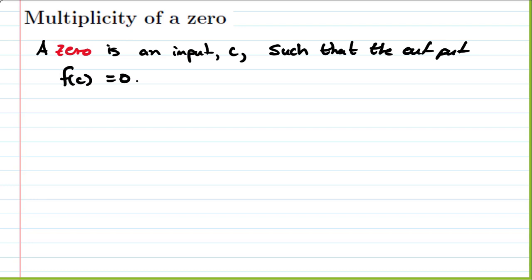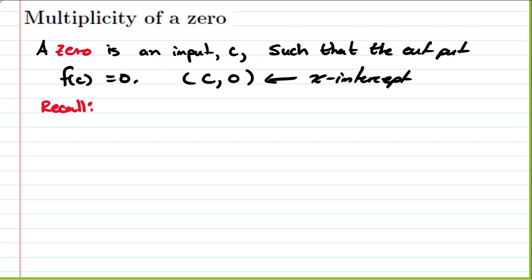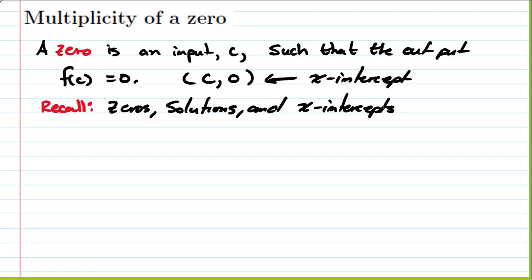So remember, as an ordered pair, this is the point c comma f of c, but f of c is 0. So it's actually the ordered pair c comma 0, which is the x-intercept. And we talked about this before, so let's recall that zeros, solutions, and x-intercepts are the same thing.